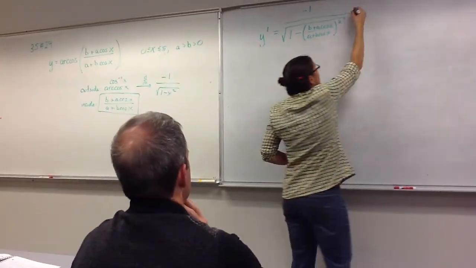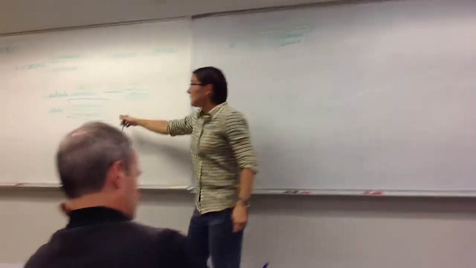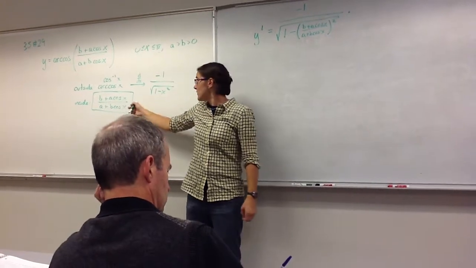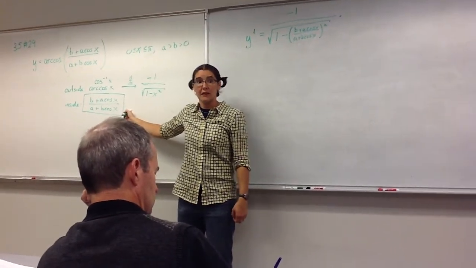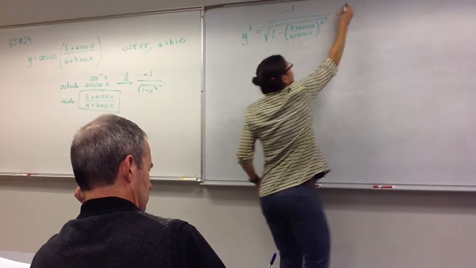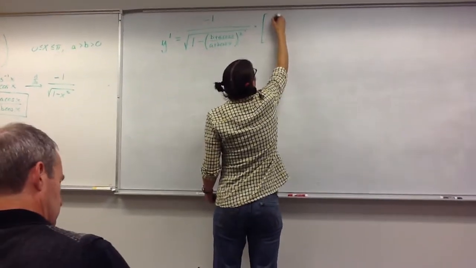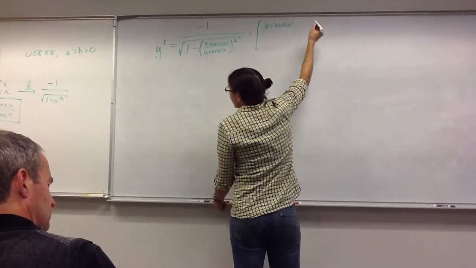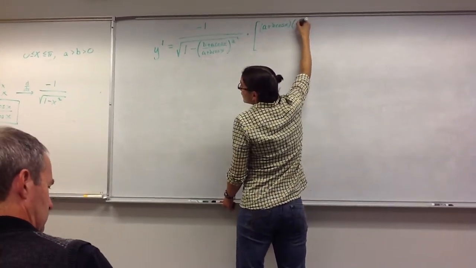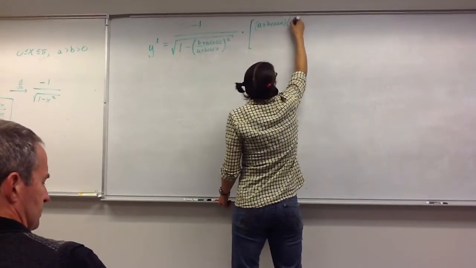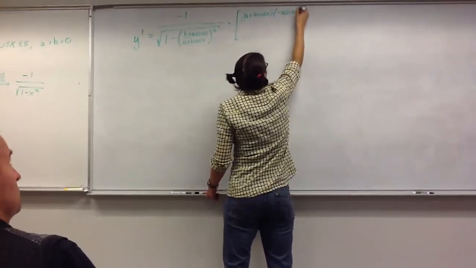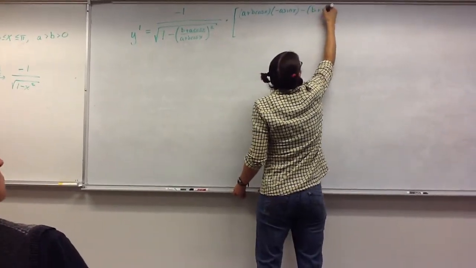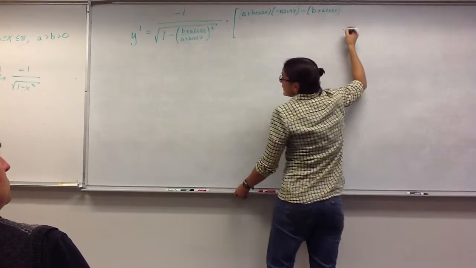Okay, so far we have the derivative of the outside, keeping the inside the same. Now our chain rule says then times the derivative of the inside. To work with the inside, what rule do we have to use there? Is that the quotient rule? Yeah, we're going to have to use the quotient rule. So our derivative of the inside is going to look like low, a plus b cosine x, low d high. The derivative of b is 0, and a is a constant, so we have minus a sine x, low d high, minus high, b plus a cosine x, d low.